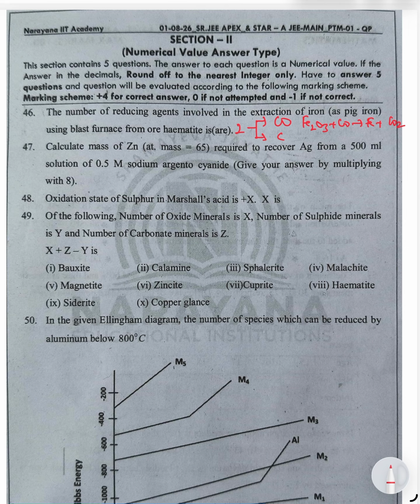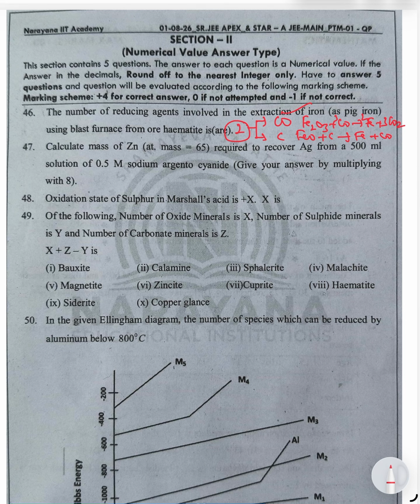Taking 2 moles of Fe, you take 3 moles of CO, then 3 moles of CO2. So CO is enough here. And coming to the second, carbon also reduces iron oxide: FeO plus C gives Fe plus CO. So in total, two reducing agents are used in this case.